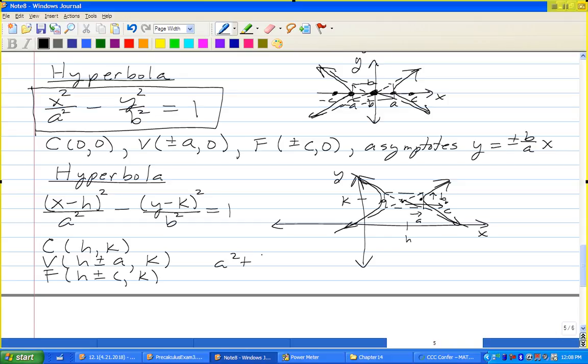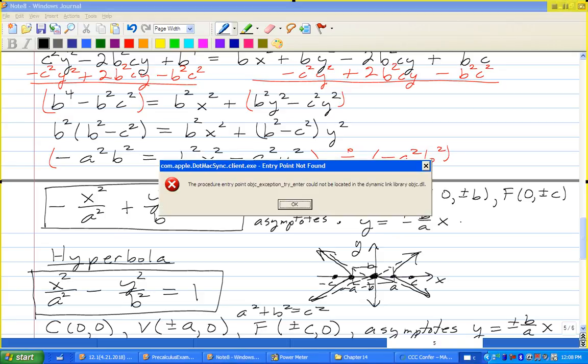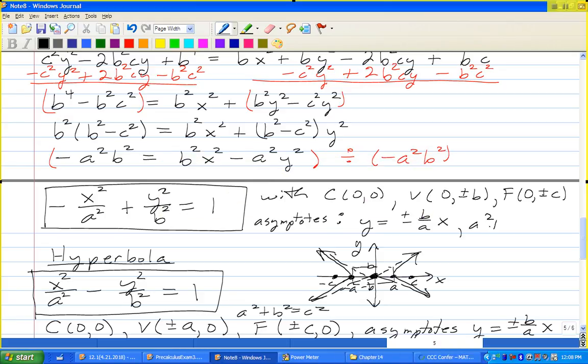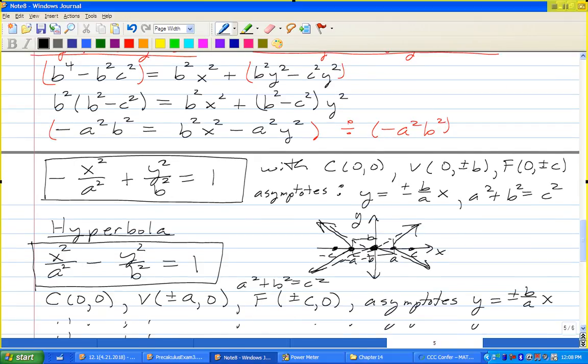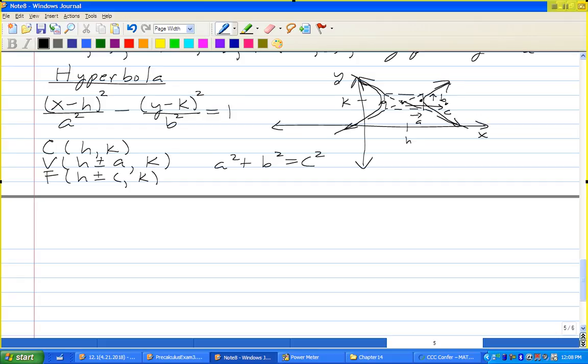And remember, a squared plus b squared equals c squared. I should have said that for each of these. The asymptotes: y minus k is equal to plus or minus b over a times (x minus h).